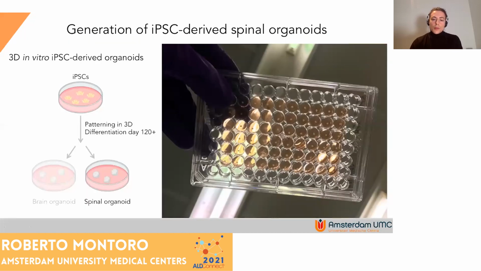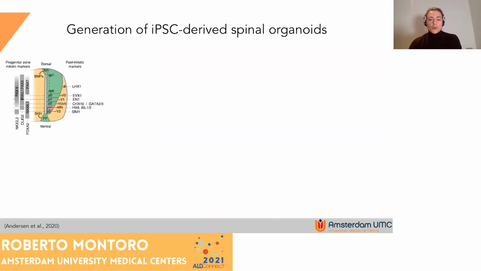So that was for the brain organoids. As for the spinal organoids, this is a schematic representation of a spinal cord during development, and what we see is that there is a dorsal and a ventral distinction, and within this structure, different transcription factors are expressed, and their expression demarcates different domains of progenitors within the spinal cord.